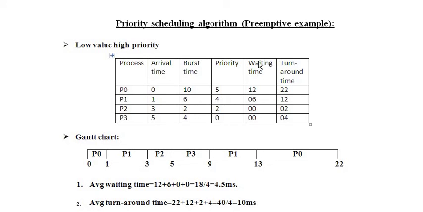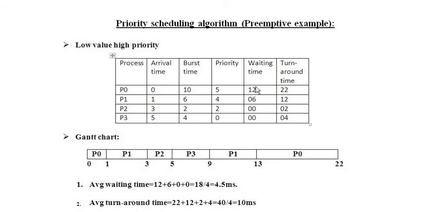Now let us concentrate on the waiting time column. Let us look at P0. The last time P0 got the CPU was at 13, and P0 had already completed some part earlier, so the CPU had been given to it before. That's why the waiting time is 13 minus 1, then minus the arrival time, that is minus 0.